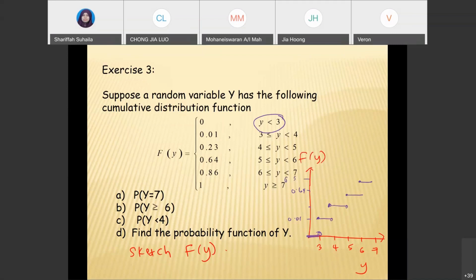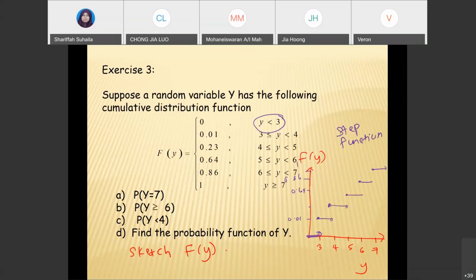The last one, y greater than or equal to 7, goes on forever, and this one is 1. This is what we call a step function for a discrete random variable. That is the sketching.